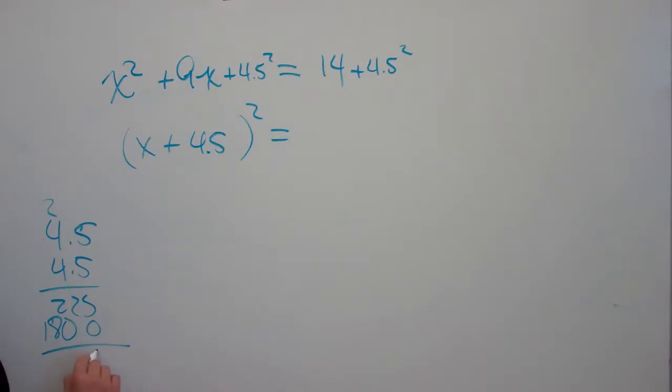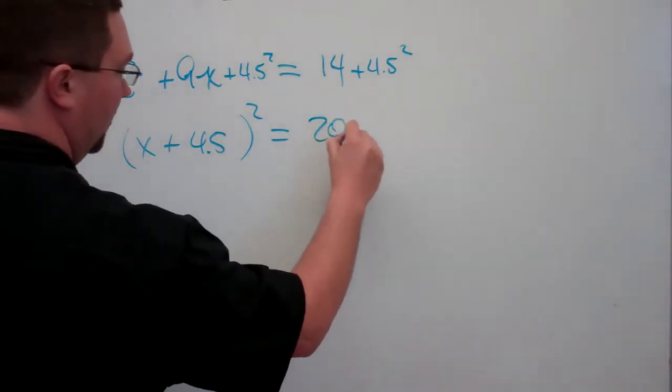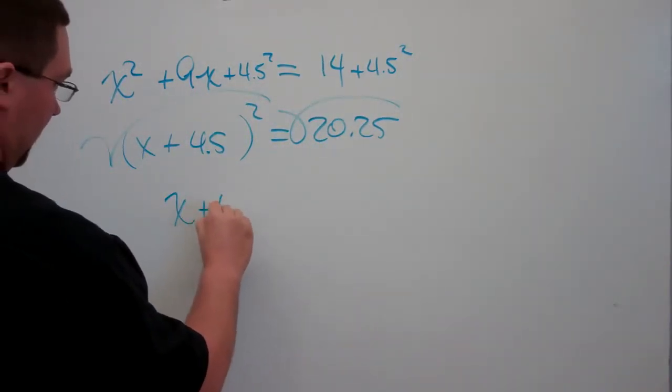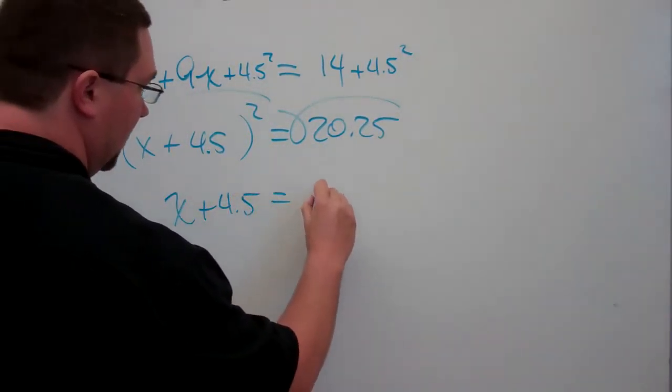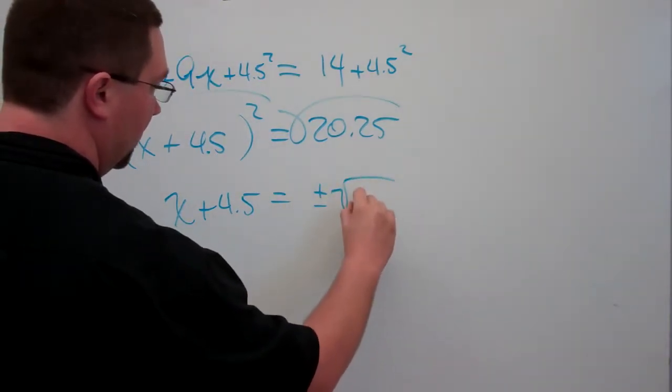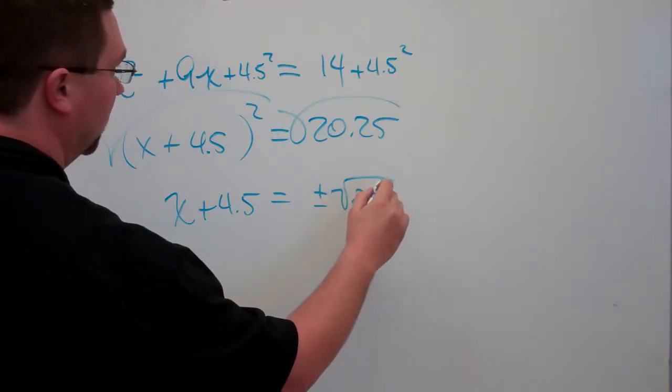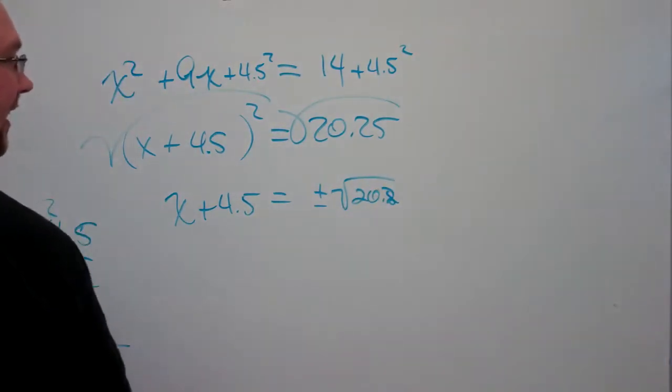So this is 20.25. 20.25 square root. So x plus 4.5 equals plus or minus the square root of 20.25. Got to add 14.